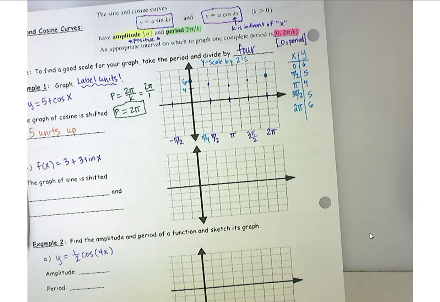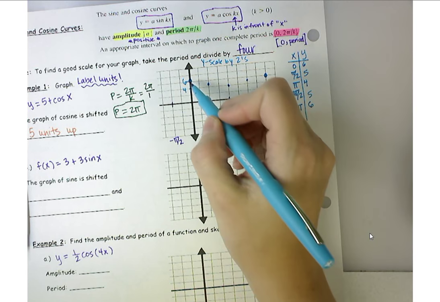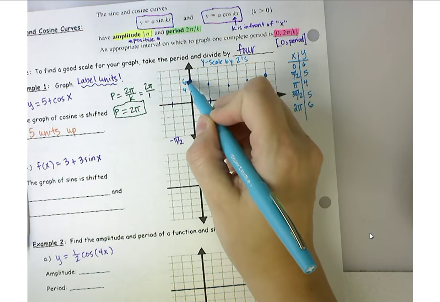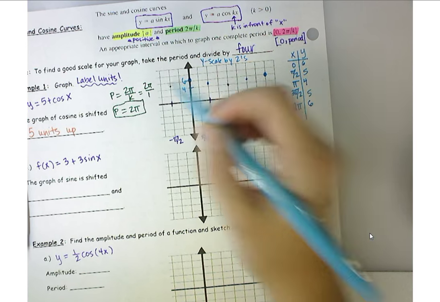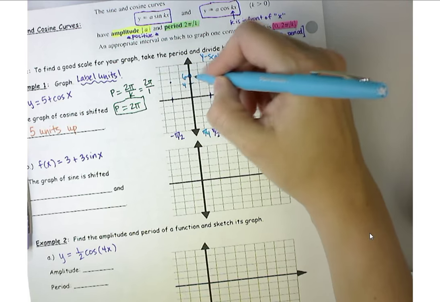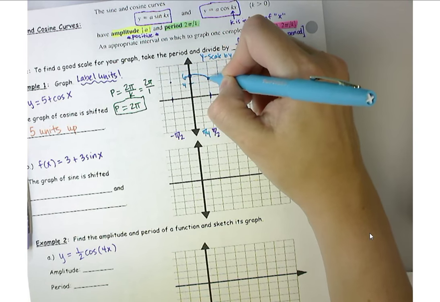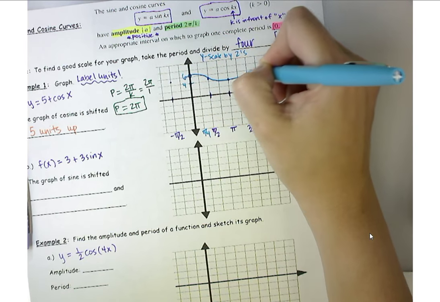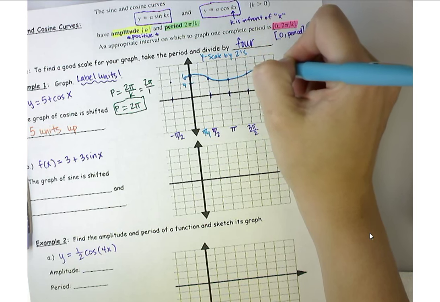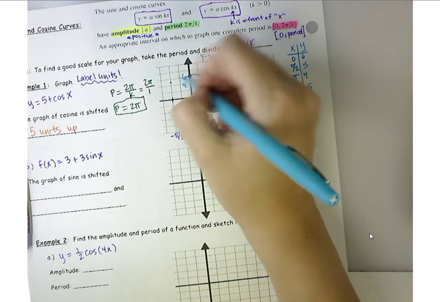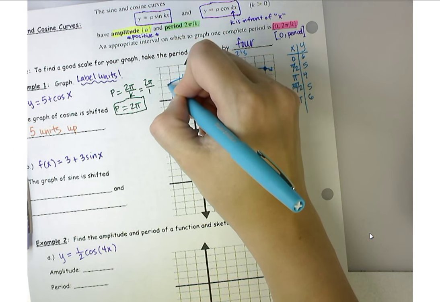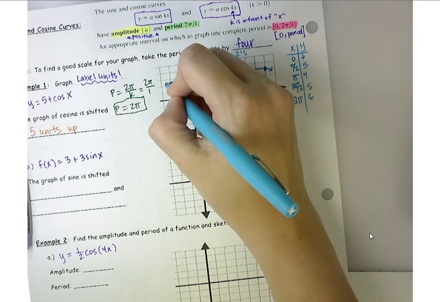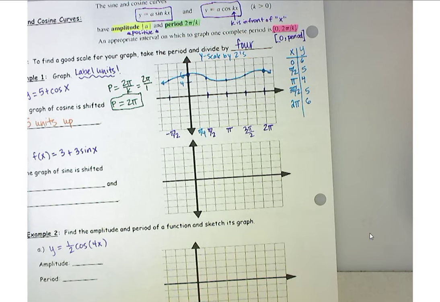Like I said, they're going to keep repeating themselves. So at negative pi over 2, now you're going to be going down to 5. And then you can just put the arrow to show me where it's going to go next. And then we're going to connect this with a curve. Okay, so this is just a little tighter because we're going by 2's. And you can just show me that with the arrow.